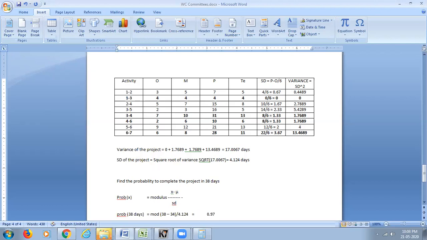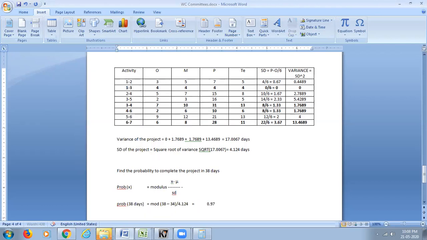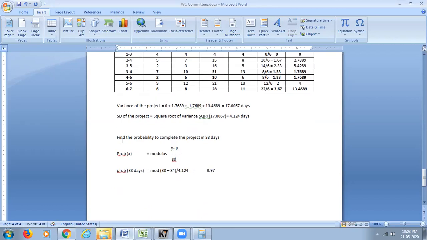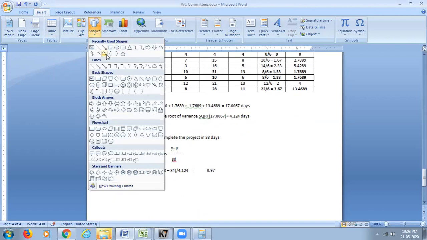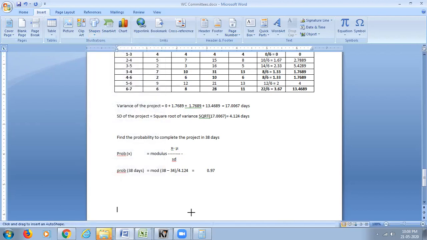So what we'll have to do is go to a standard normal curve table, because you all know the standard normal curve, like this and like this.